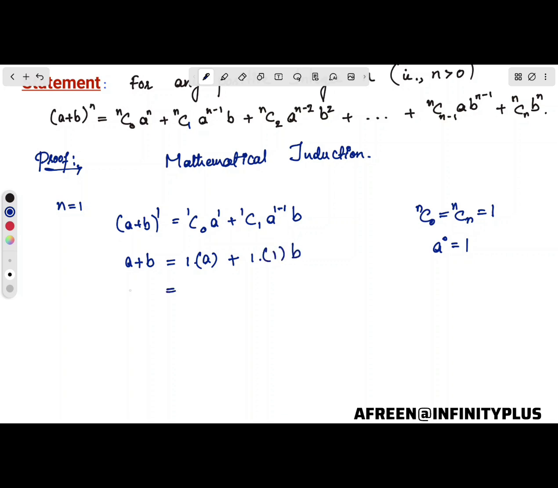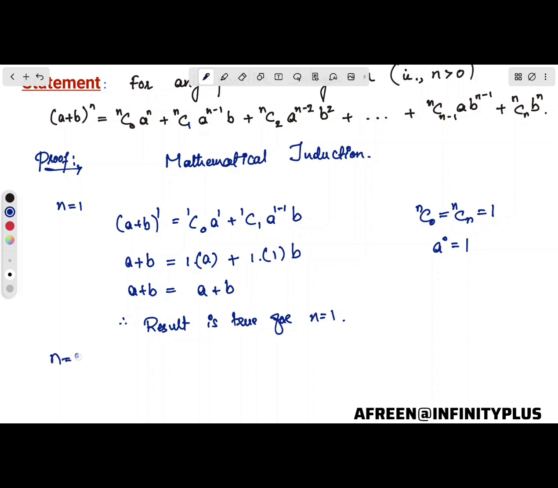So this will become a + b, which is equal to a + b. So this satisfies LHS equal to RHS for the given statement. Therefore the result is true for n equal to 1.